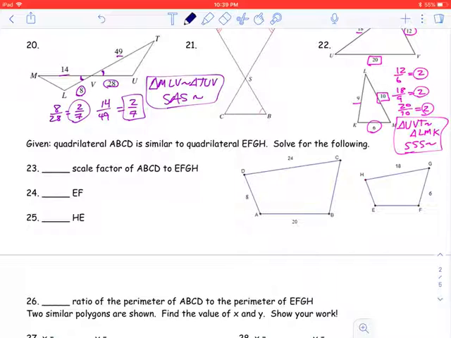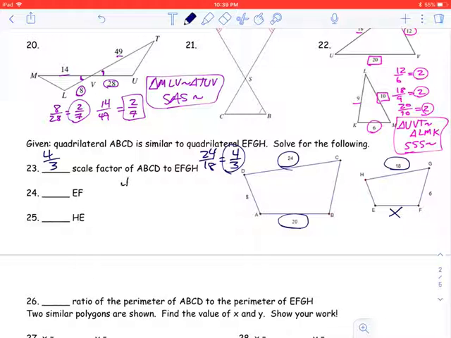Okay, and then finally, so number 23, we said the scale factor was 24/18, which reduces to 4/3 because you divide by 6. So that being said, to find EF, I need to go ahead and use it with 20 and whatever EF is.